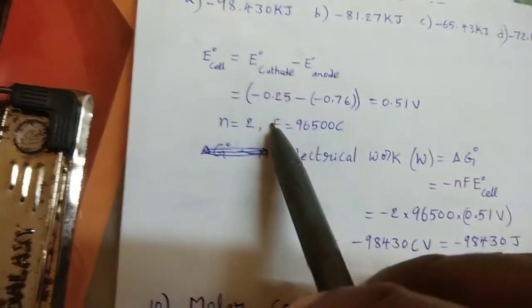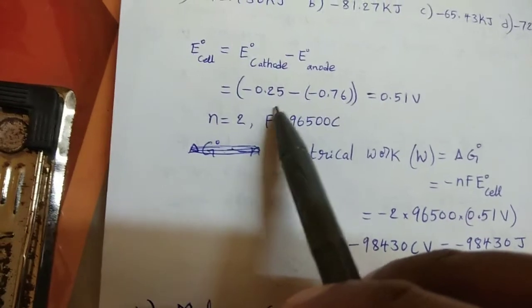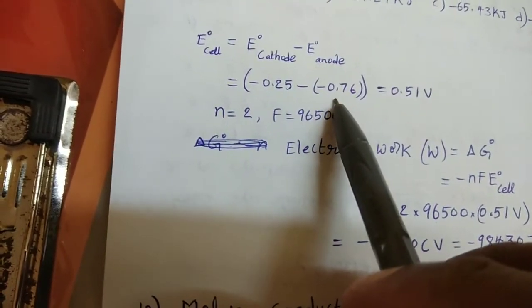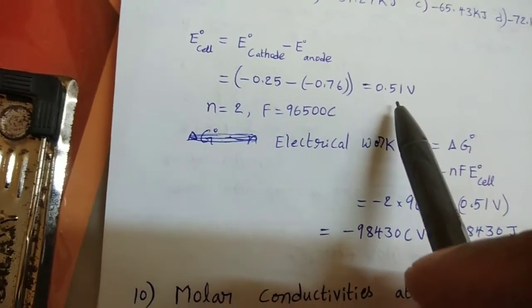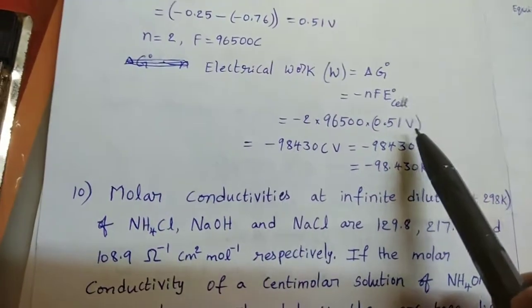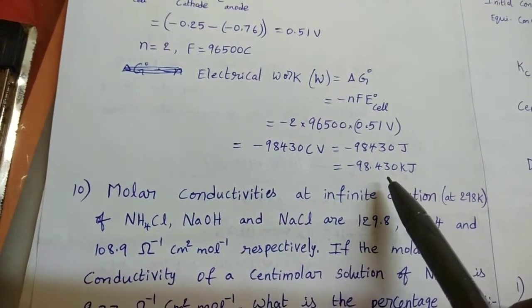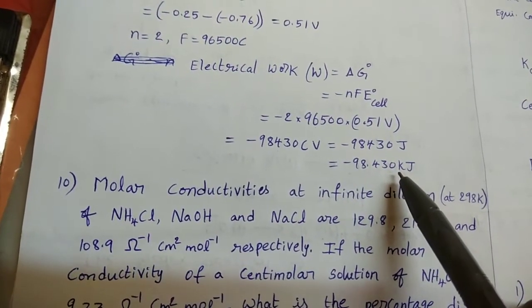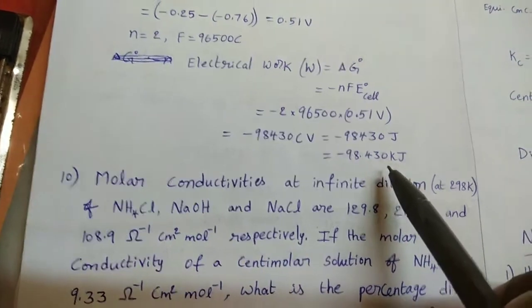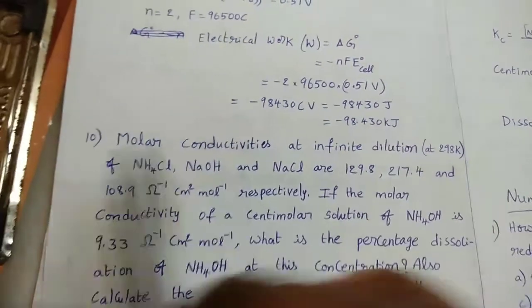So here cathode is nickel and anode is zinc. So substitute the reduction potential values, we can get E0 cell, substitute that value here, and finally we can get electrical work, that is minus 98.430 kilojoules. So this is the answer for this.